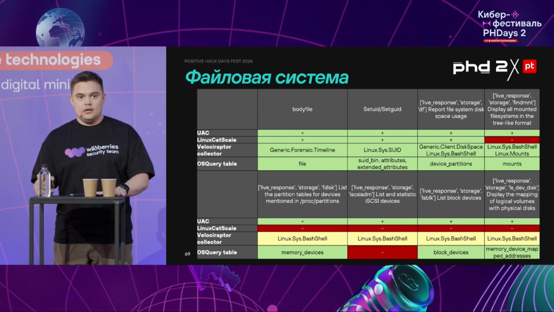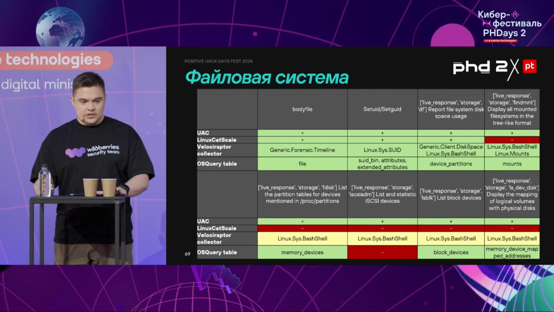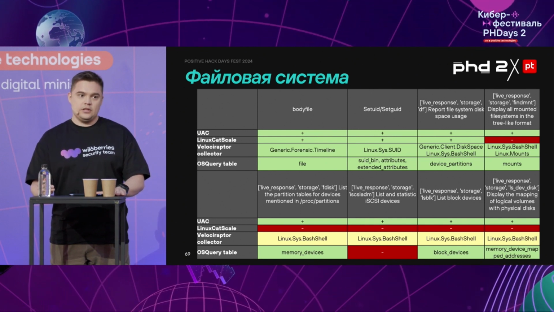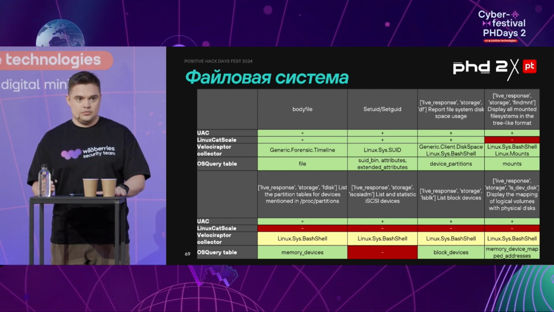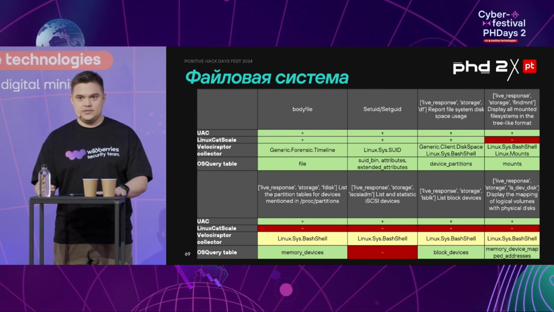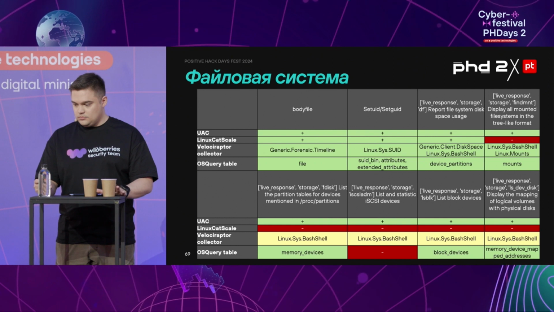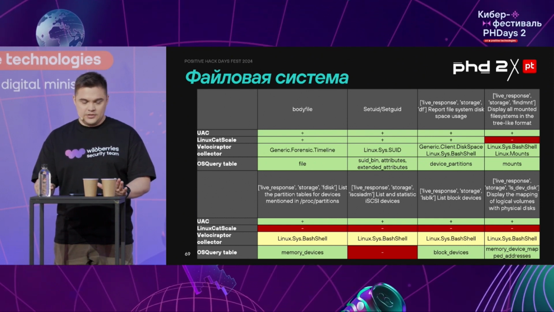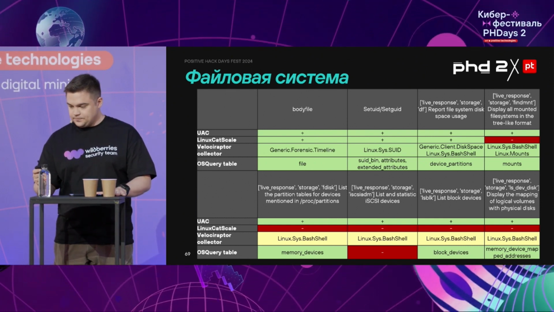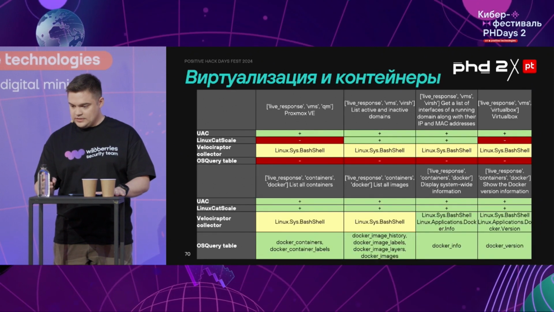The file system, the picture is pretty much the same. The most important things are collected, such as the body file that contains important information which is needed when analyzing triage. You can see all the artifacts in this table now.